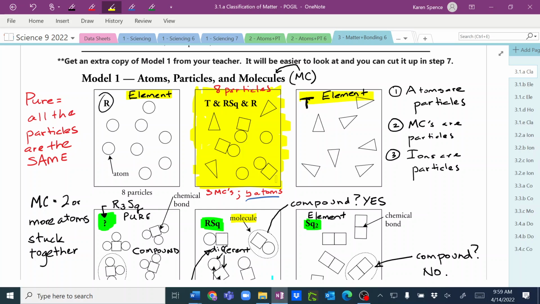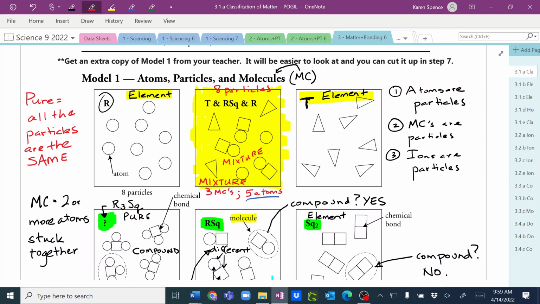I have some molecules, I have 3 molecules, and I have 5 atoms. Yes, this is a mixture. And if you don't have any room, you can write it like up in here, mixture. Yeah, that's a mixture.